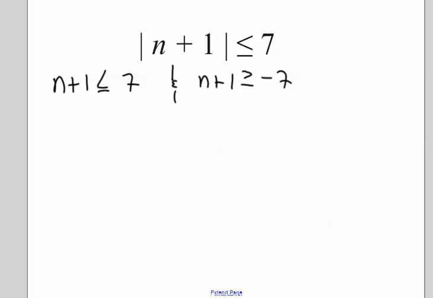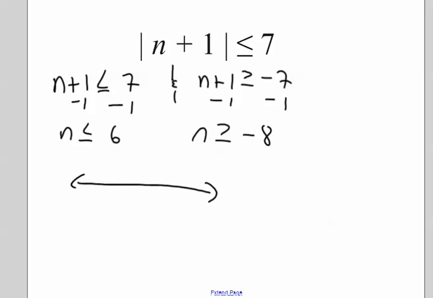So now this is really easy. Just subtract 1 and subtract 1. You get n is less than or equal to 6. And then here you subtract 1, you get n is greater than or equal to negative 8. So when you set this up, your graph, you've got negative 8 right here. Put a solid dot right there. You've got positive 6 right here. Put a solid dot, bam, right in between. Very simple. Hopefully that makes sense.